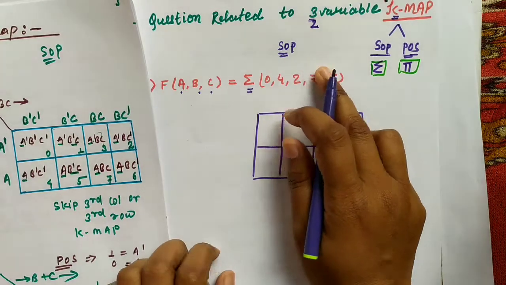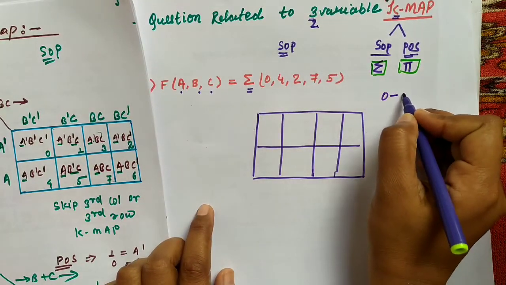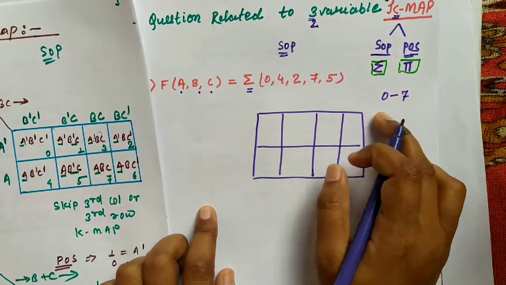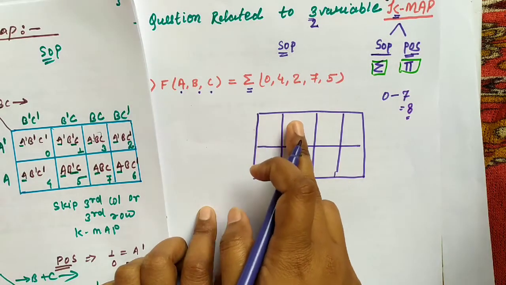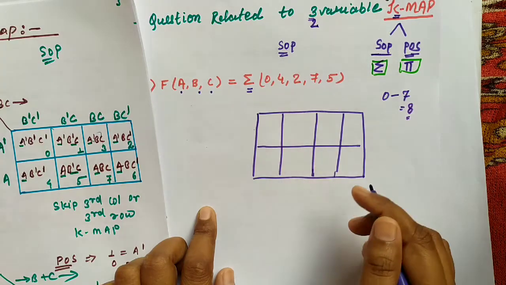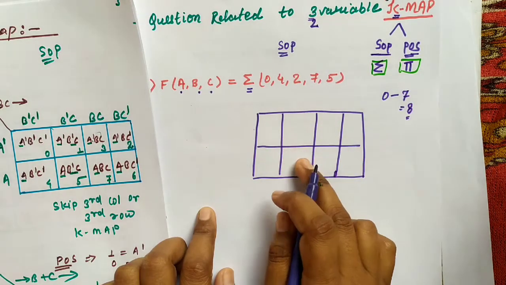A three variable K-map means 0 to 7, that means a total of 8 boxes: 1, 2, 3, 4, 5, 6, 7, 8.